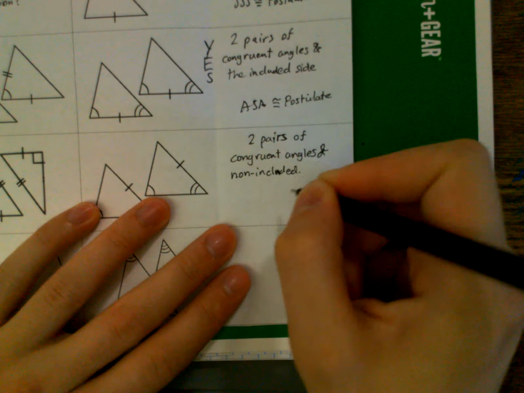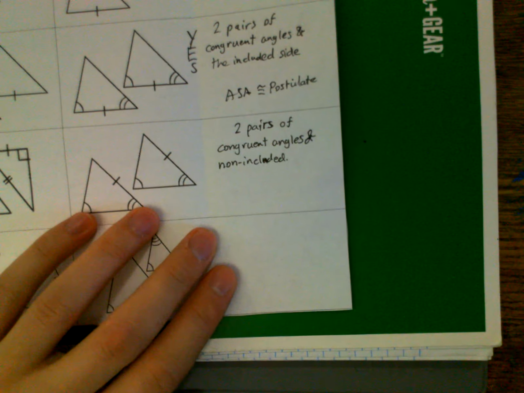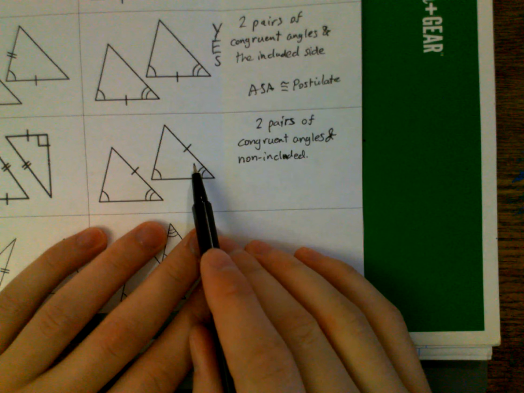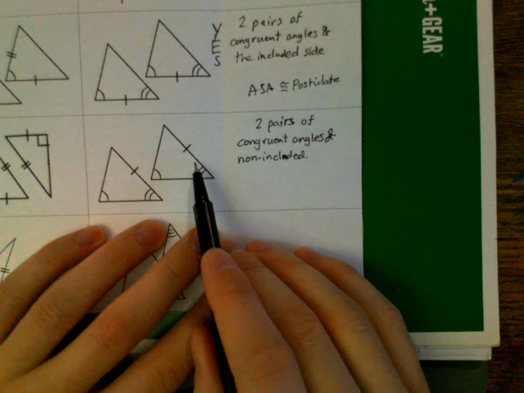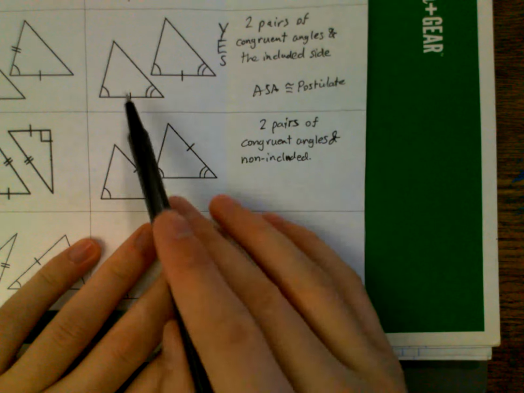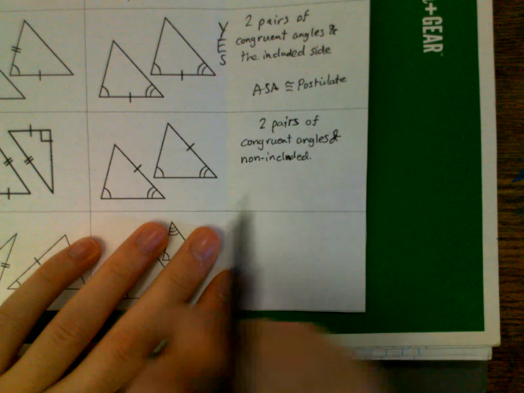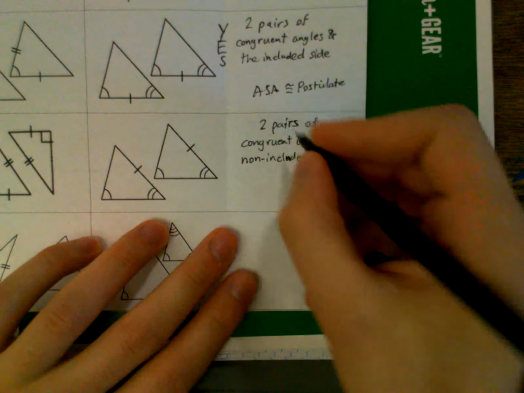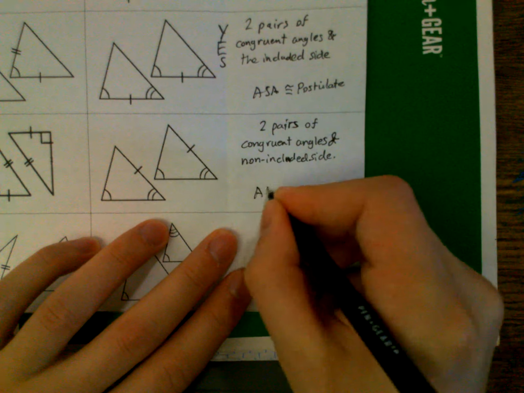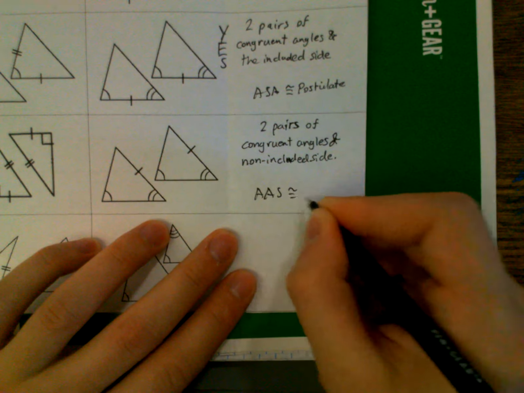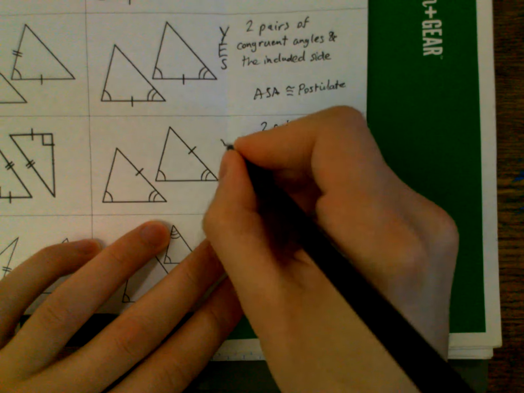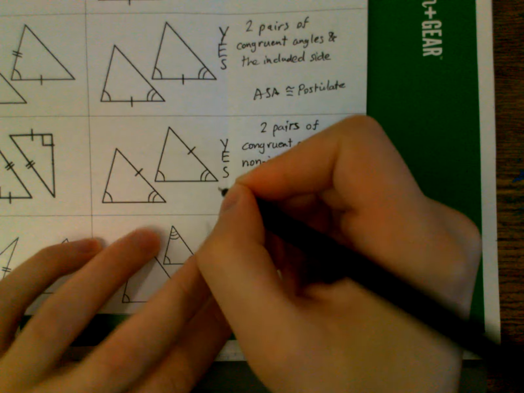Let's talk about what it means by included. It's saying whether it's between the two congruent parts or outside the two congruent parts. That's all it's saying. Angle, side, angle versus angle, angle, side. That's the only difference. This is what we classify as the AAS congruent postulate. And yes, it is congruent.